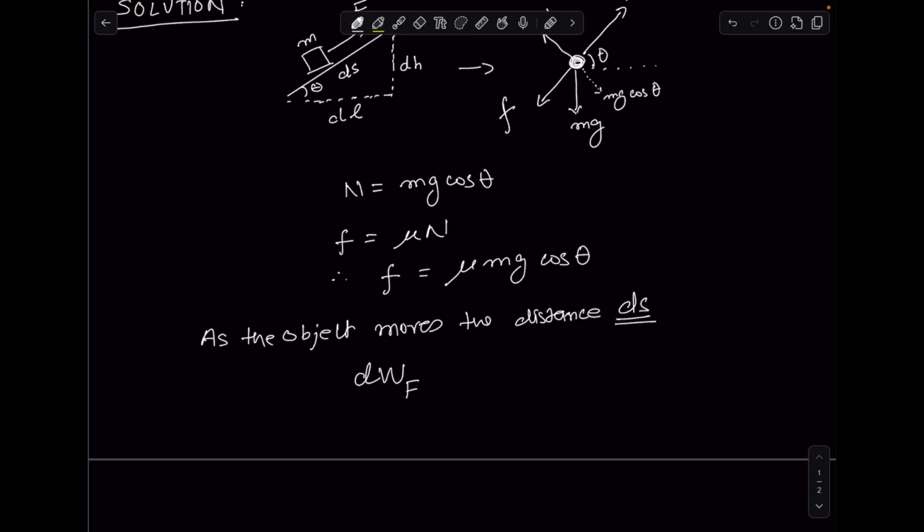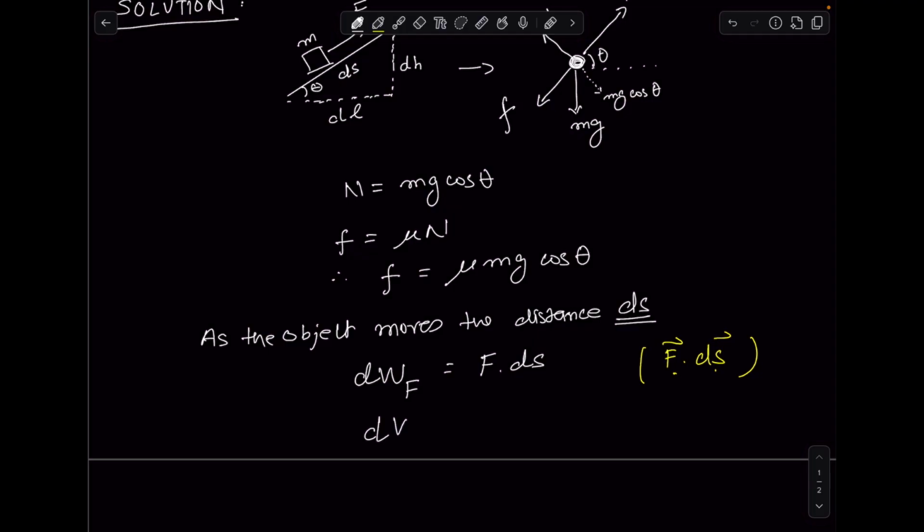So dWF is equal to F times ds. So this is the dot product, and because both the vectors are in the same direction, it's a simple multiplication of the quantity F and the quantity ds.